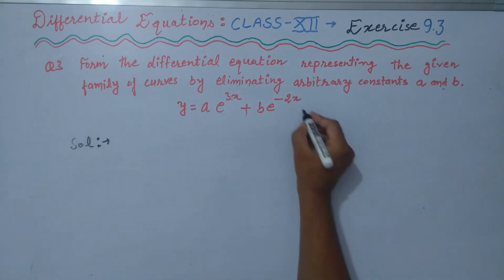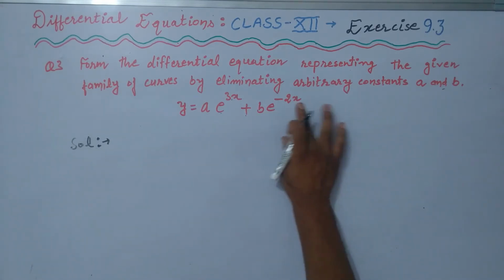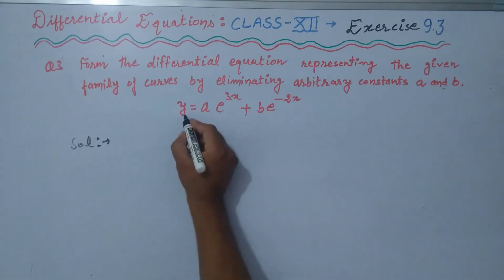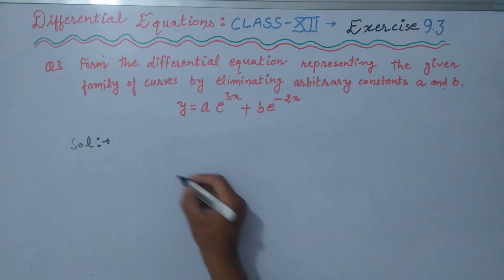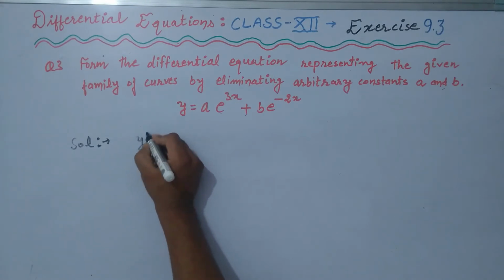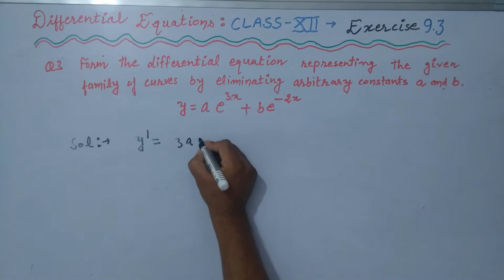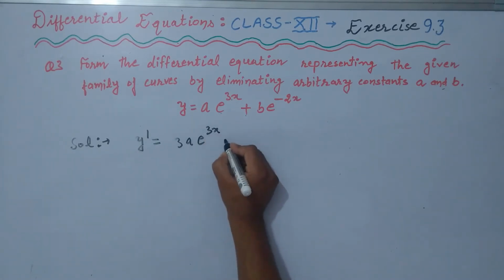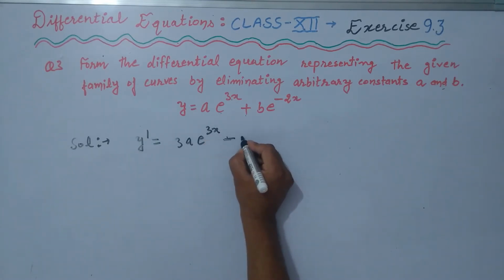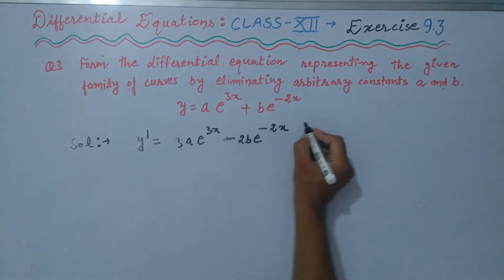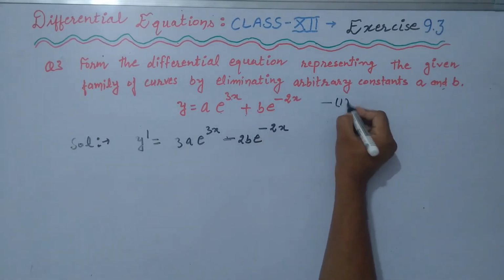First of all, differentiating this equation with respect to x, y dash is equal to 3a e raised to power 3x minus 2b e power minus 2x. Suppose this is equation number 1.